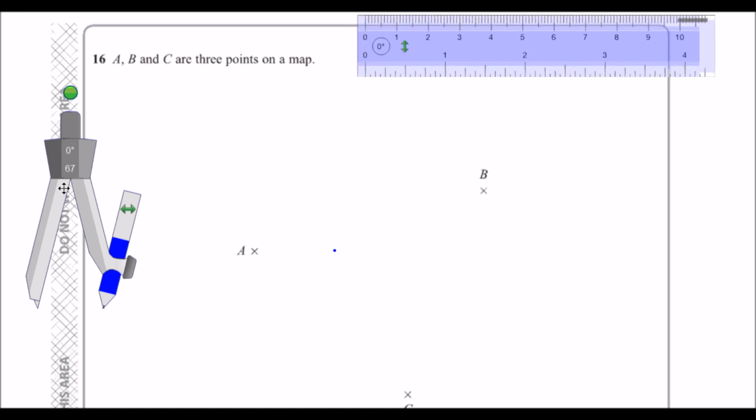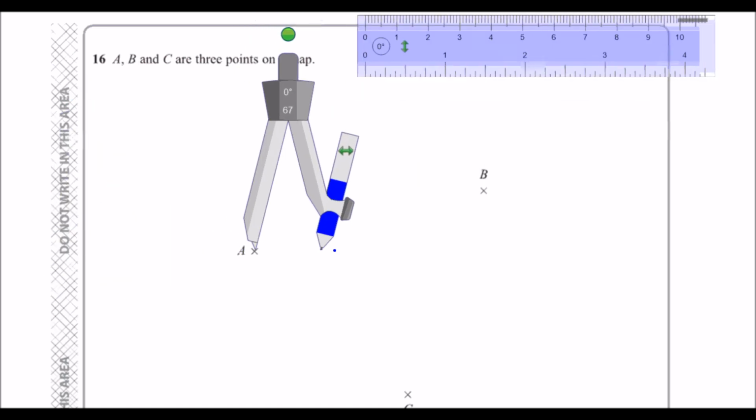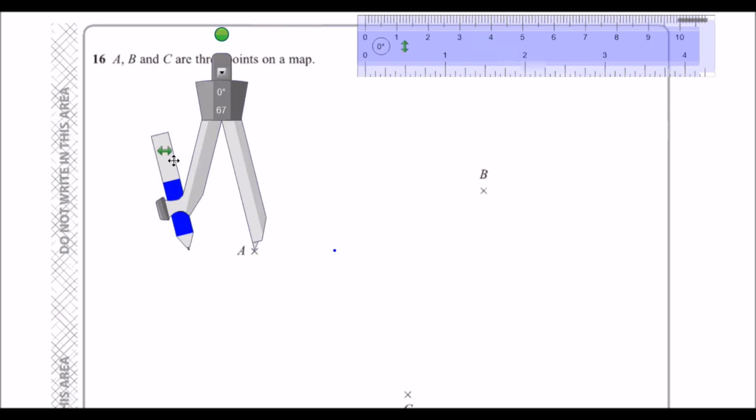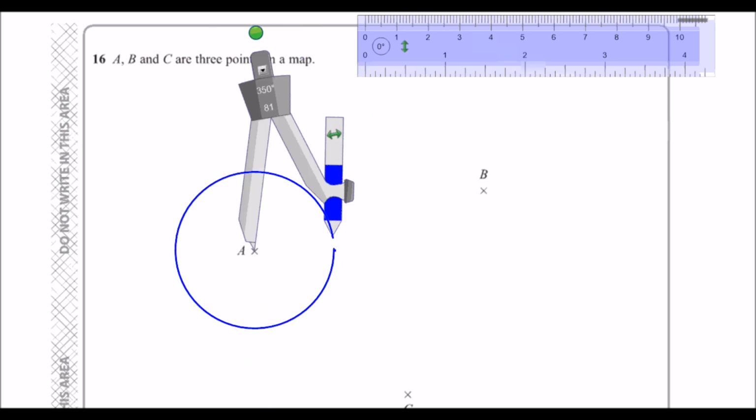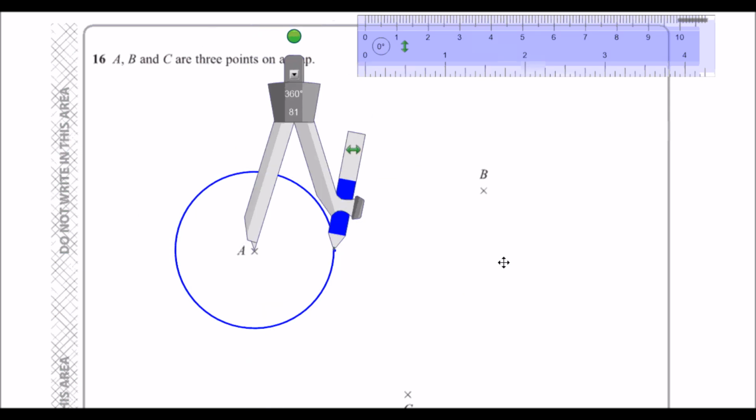Then we're going to take the compass. And we're going to draw a circle. So now we've marked all of the points 2.5 centimeters, so 250 meters away from A.